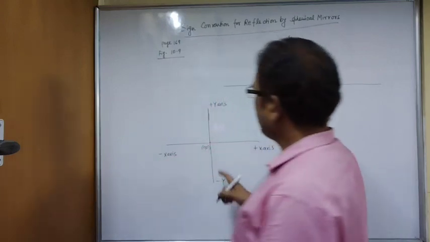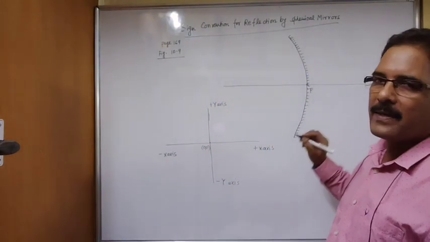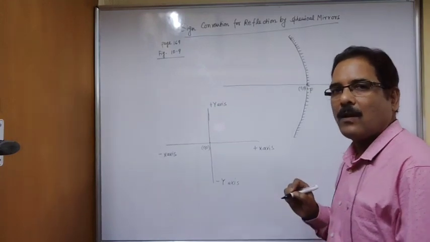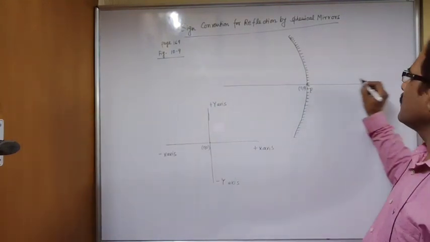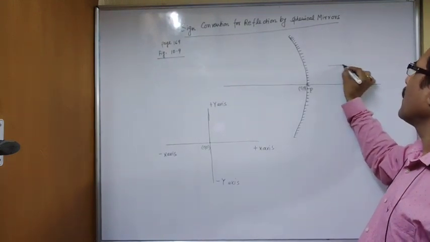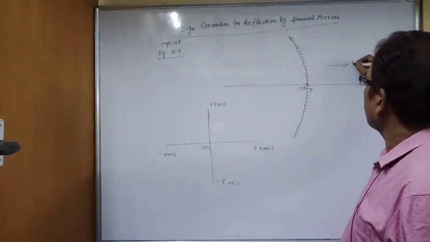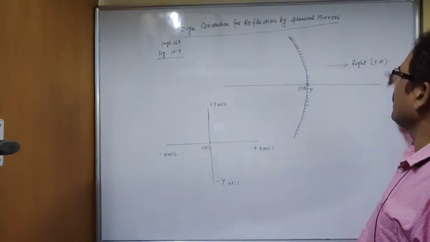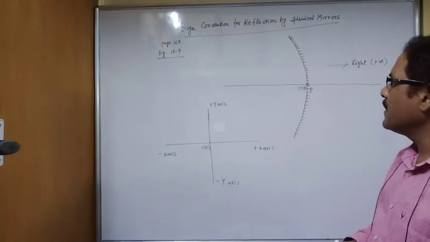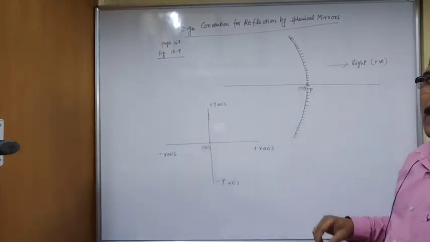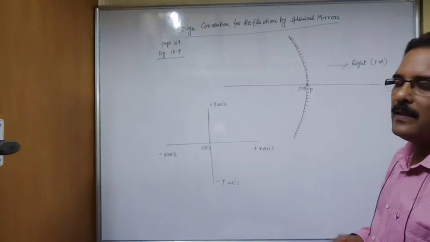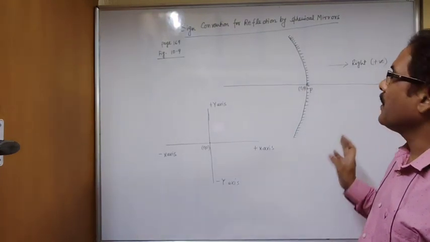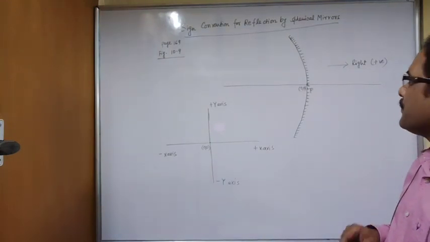I think you all are familiar with this. So the same is the case here. Pole means here the 0, 0 origin. Now the distances which are towards the right of the pole are always positive. It means if any image is formed towards the right of the pole, the image distance will be positive.